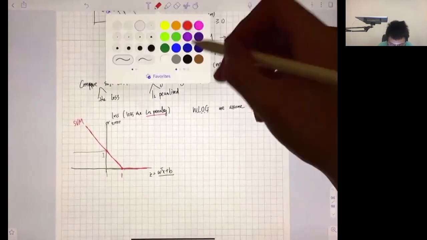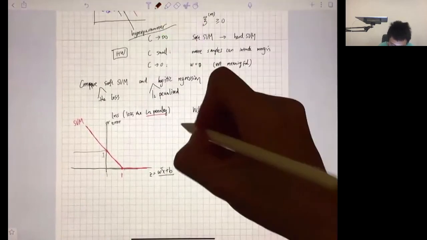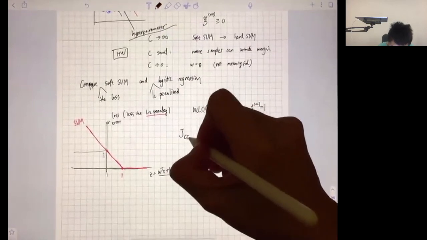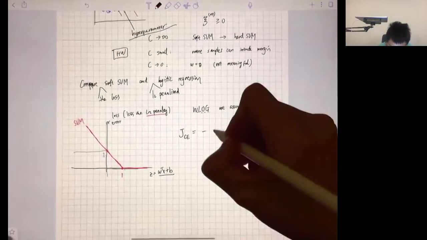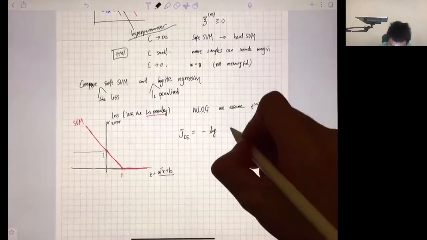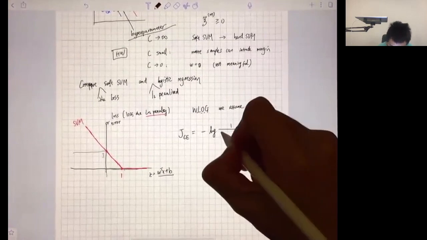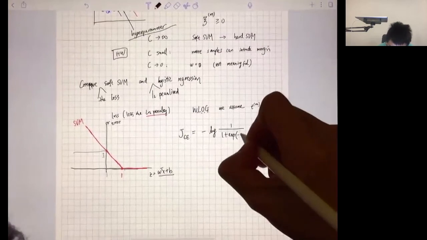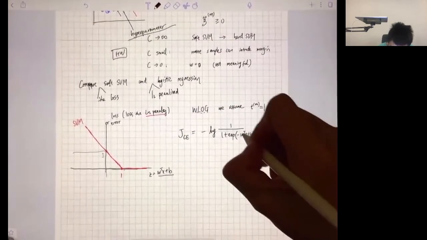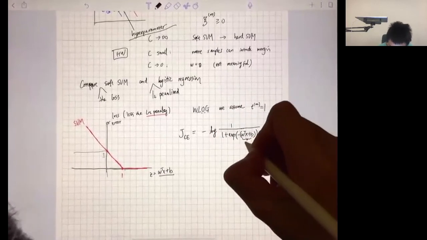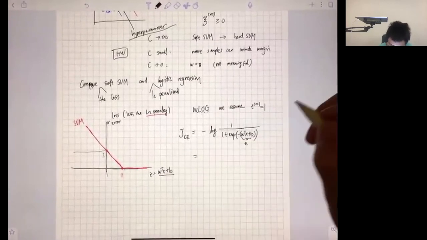Then what is the loss for the logistic regression? We use the cross entropy loss, which is the negative log likelihood. The log of likelihood is the probability, and the probability is the sigmoid function, which is one over the exponential of minus W transpose X plus B. Let's call this z.